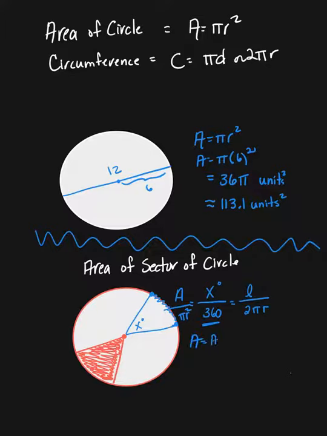A is the area of a sector. R is the radius of the circle. X is the central angle in degrees.